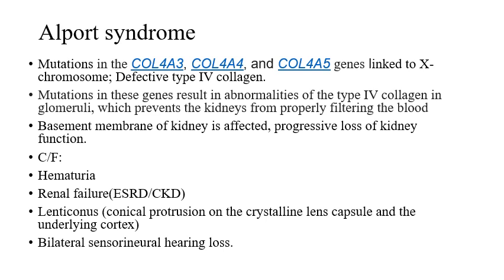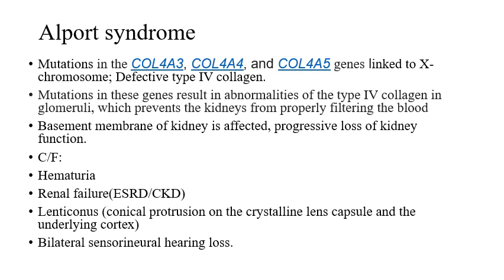The third disease associated with collagen synthesis is Alport syndrome. Here it mainly affects the kidneys. The defect is a mutation of the collagen 4A3, collagen 4A4 and collagen 4A5 genes. The mutation is happening in these three genes, which are linked to the X chromosome. Because of this, the type 4 collagen will be defective.